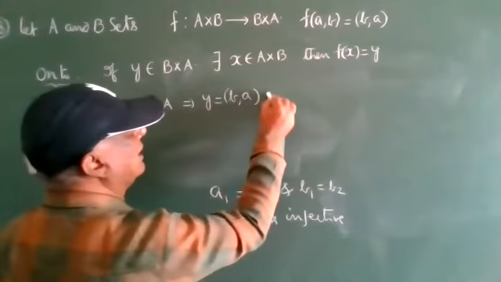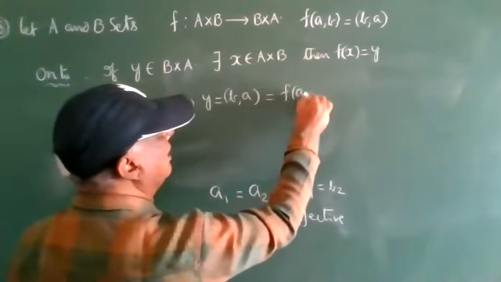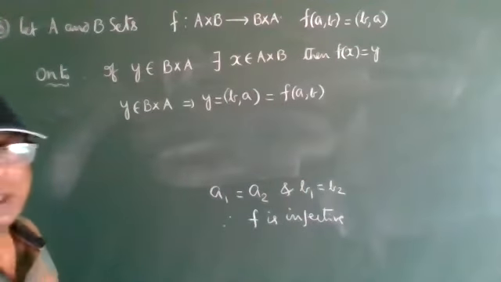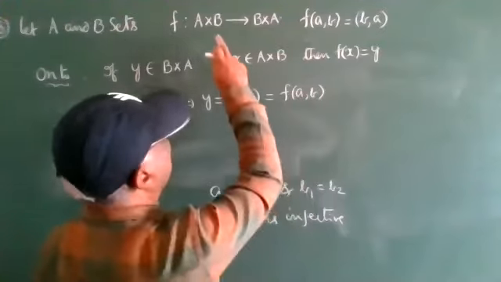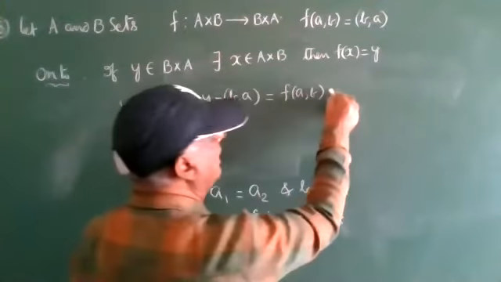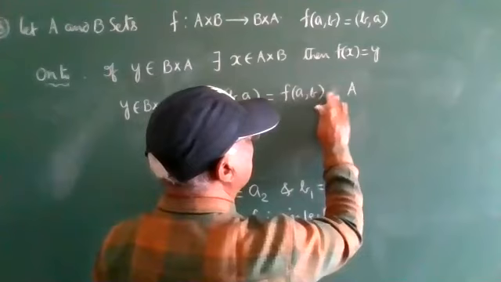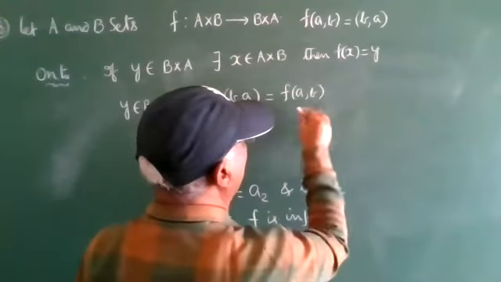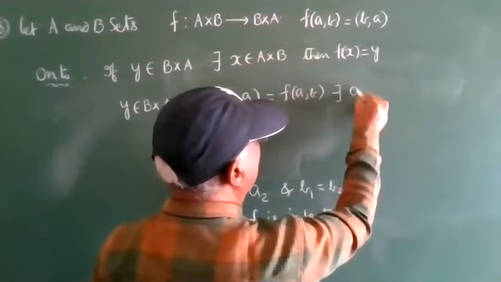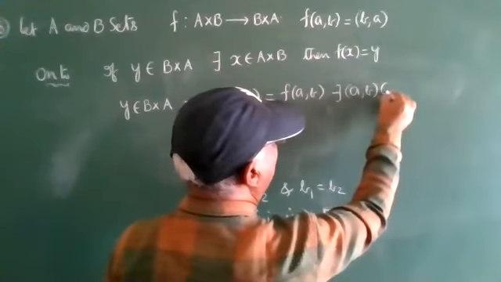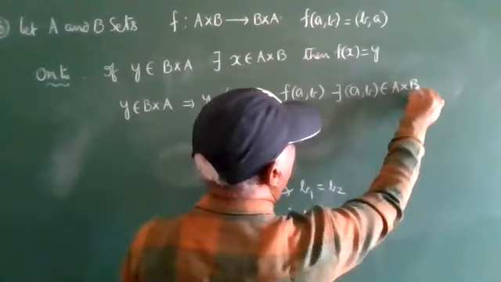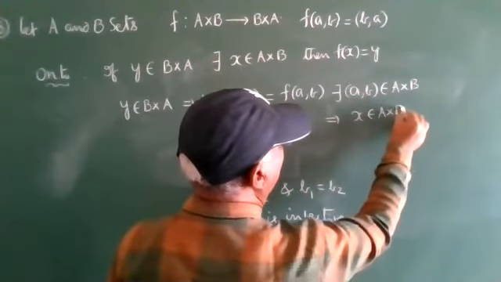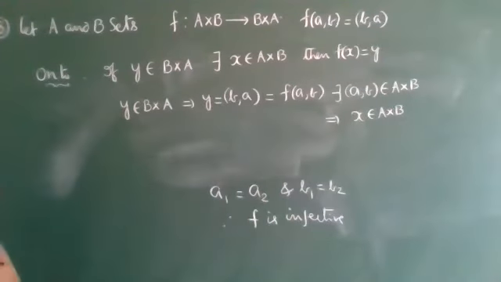Now (b, a) is the definition of (a, b). (a, b) is an element of A cross B. So (a, b) exists, and (a, b) is an element of A cross B. That implies x belongs to A cross B.